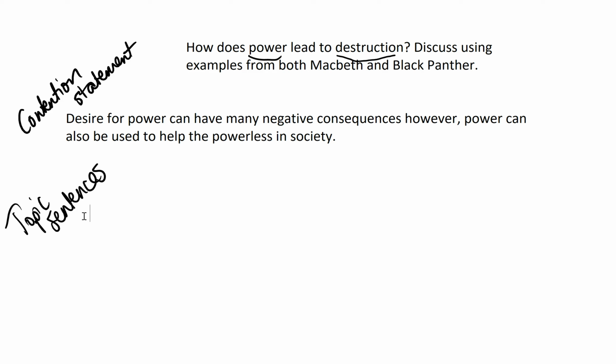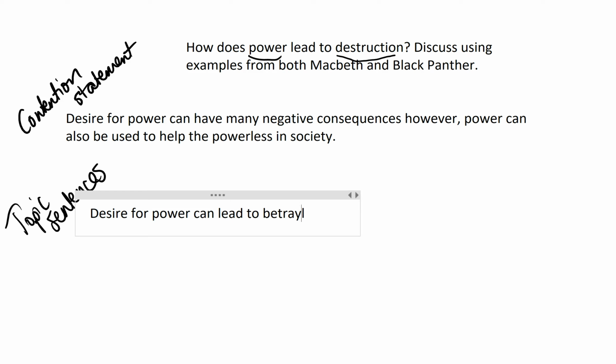So let's start by thinking about, okay, what does the desire for power can lead to betrayal? Some form of that idea. So that people being ambitious or power hungry, it leads them to betray people that they trust, or that trust them, sorry.